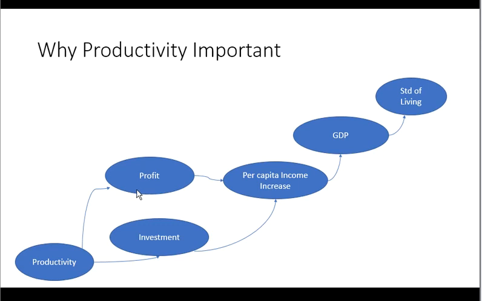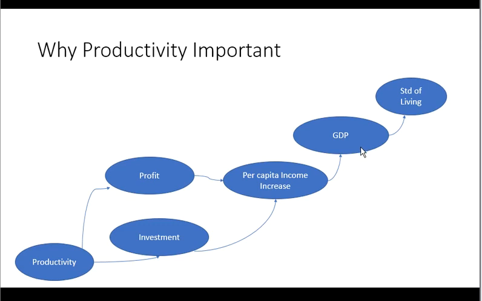So it is nothing but an increase in the per capita income of our nation. If per capita income increases, it is nothing but GDP increment, and GDP increase means standard of living increment. So productivity is very, very important for any country.